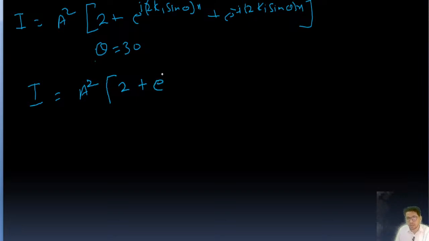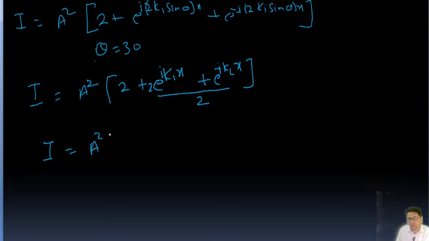So it is e to the power iota k1 x plus e to the power minus iota k1 x, right? Now we multiply by 2 and divide by 2, we can do it, right? So I equals A square times (2 plus 2 cos k1 x).